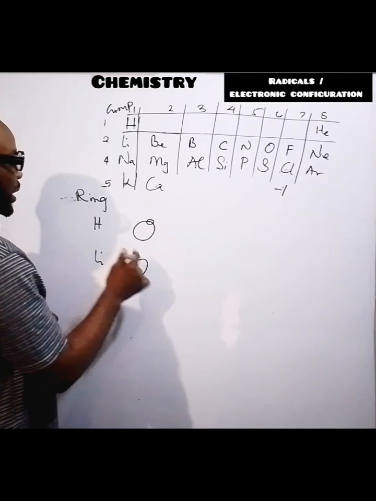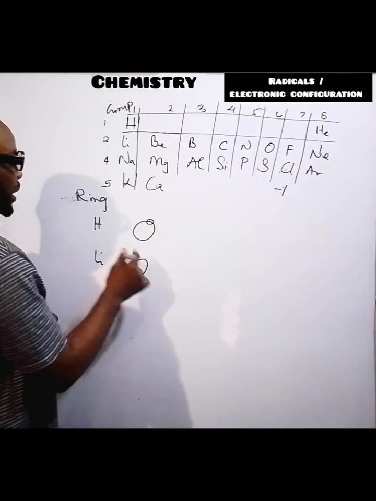Right now, I want to show you how to show the energy levels of these elements. For instance, the arrangement of energy for lithium: this is 1s, with 2 electrons, and then 2s1.